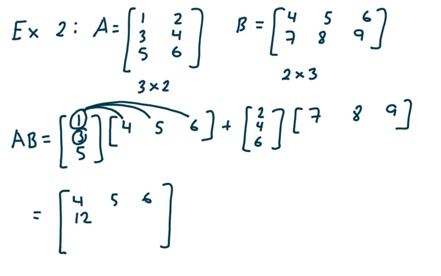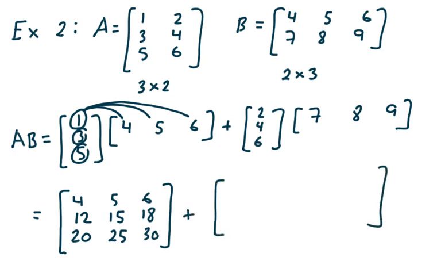This is going to produce the second row. 3 times 5 is 15. And 3 times 6 is 18. Then I'm going to do 5 times 4. That gives me 20. Notice I'm going for the third row. 5 times 5 is 25. And 5 times 6 is 30. Then I go plus.